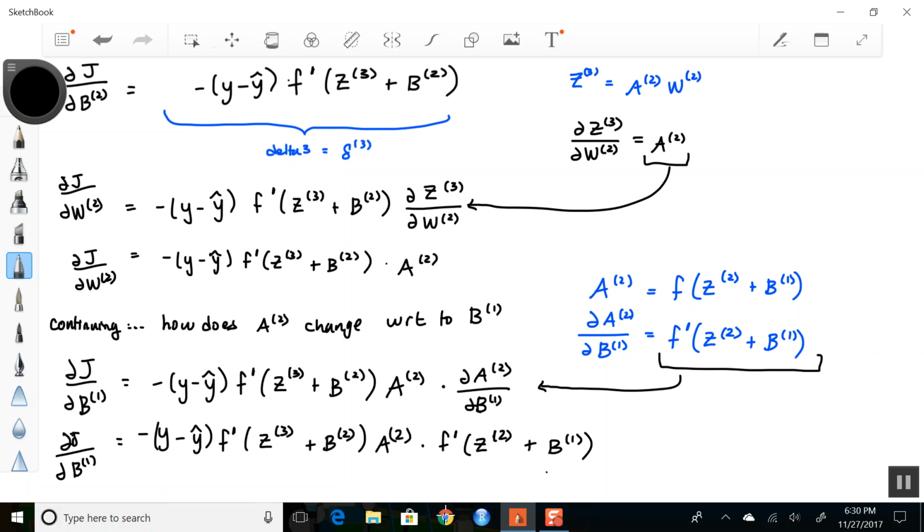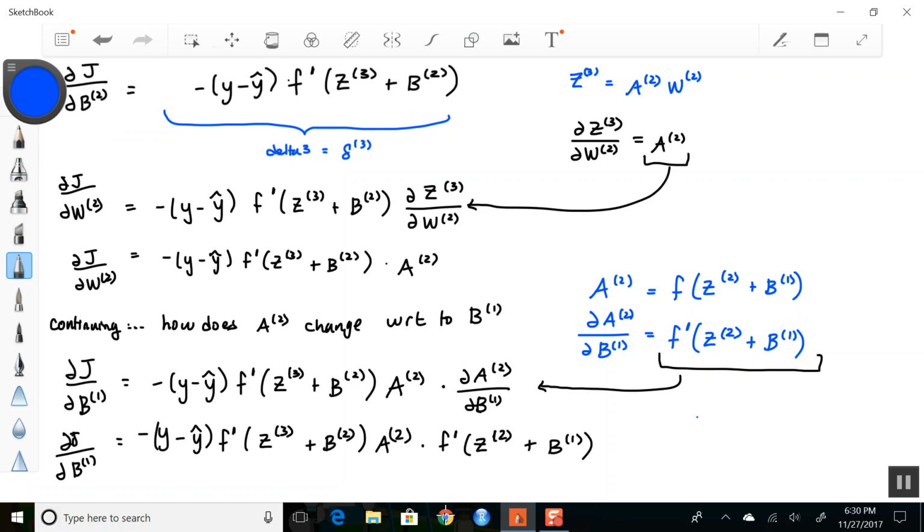And then if we want to continue this, we just have to ask, do any of these things change with respect to the first weight matrix? The only thing that changes with respect to the first weight matrix is how Z2 changes with respect to the first weight matrix.